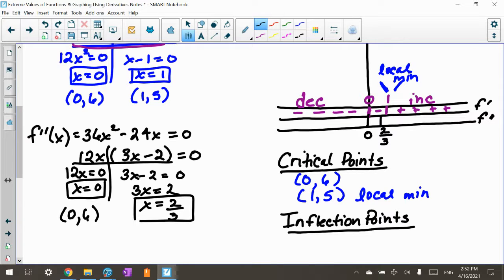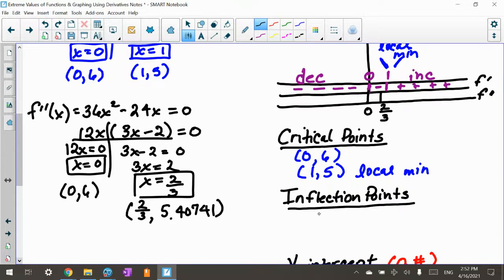And for the 2/3, when I plug that in my calculator, I get 2/3, comma, and I did a few decimal places, 5.40741. So there is my inflection points. So my inflection points are (0, 6) and (2/3, 5.40741).